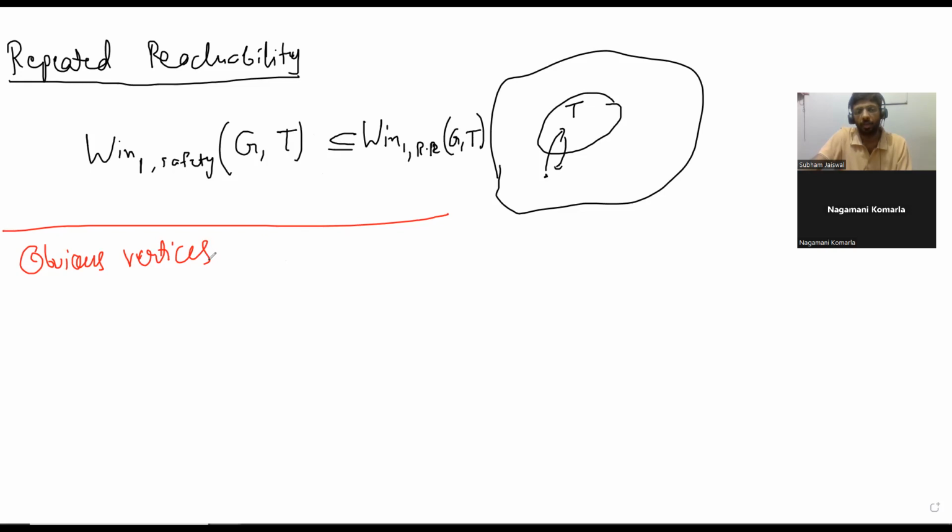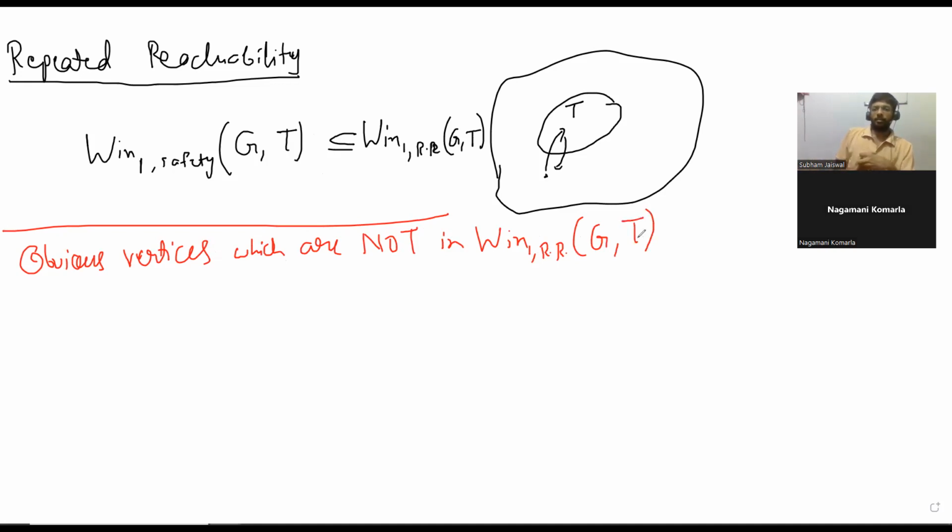But now, can you tell me some obvious vertices which are not in it? This will be good for us to know, in terms of what we have studied so far.